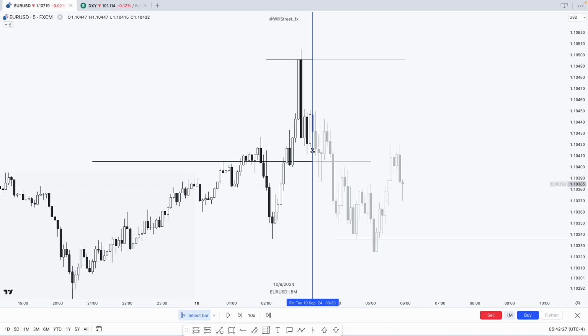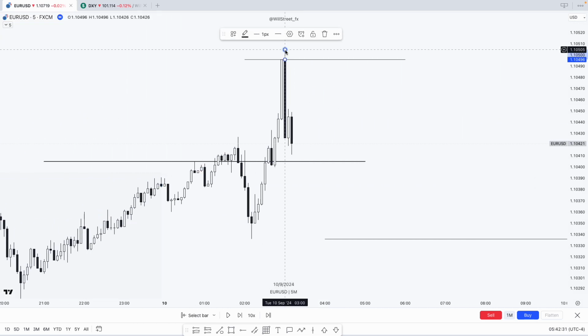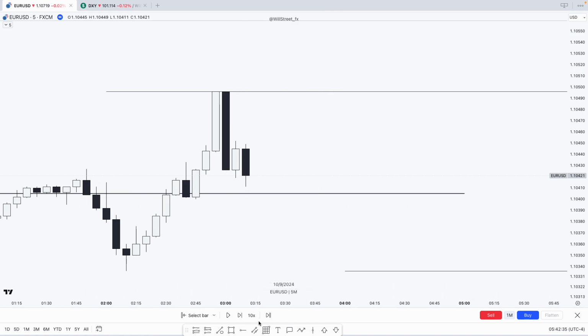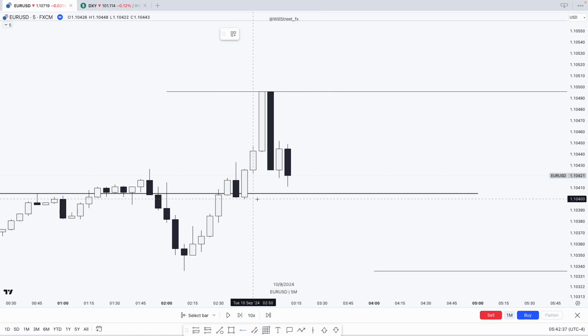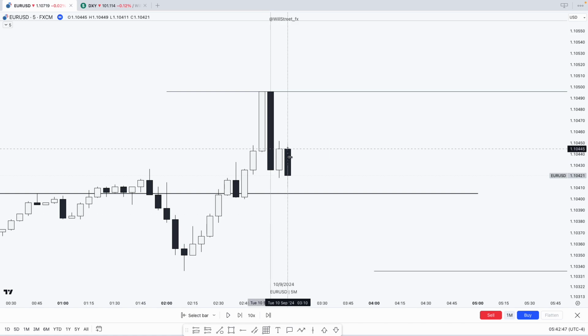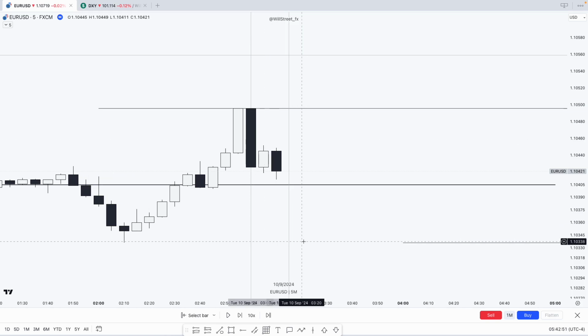But going to the entry, as always, this doesn't exist. We are looking to create the high of the candle of the hour in the first 15 minutes. In this case, it happened exactly at the first candle. So that's perfect.